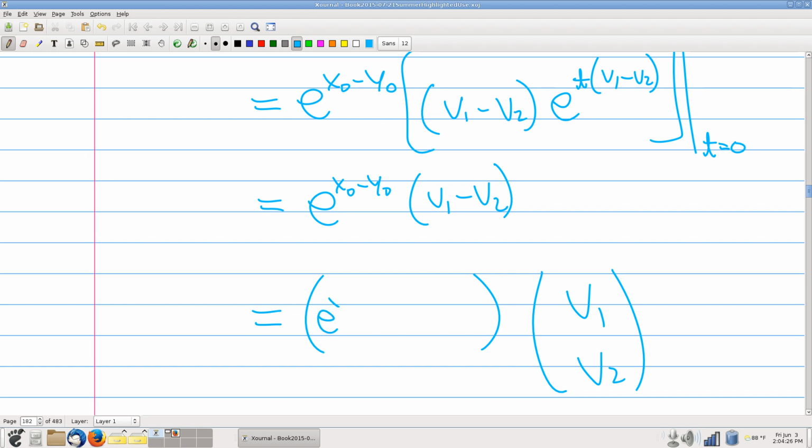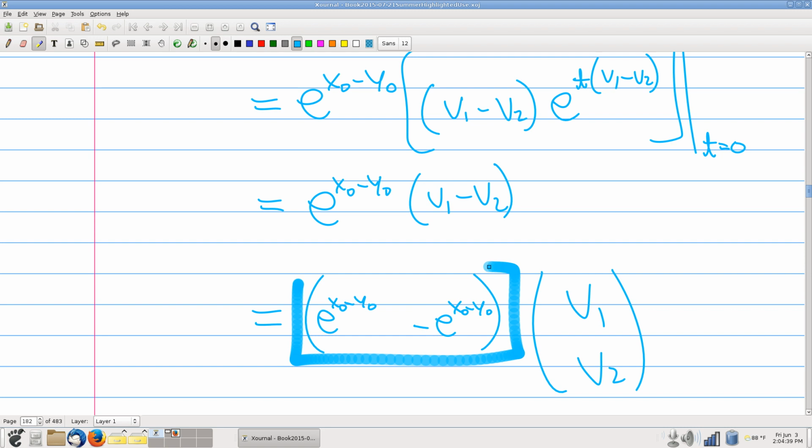And so it's e to the x naught minus y naught, and then minus e to the x naught minus y naught has to go there. So this then is the matrix. Just to emphasize, it has these two entries, so it's a single row matrix. That's the derivative matrix for this linear transformation.